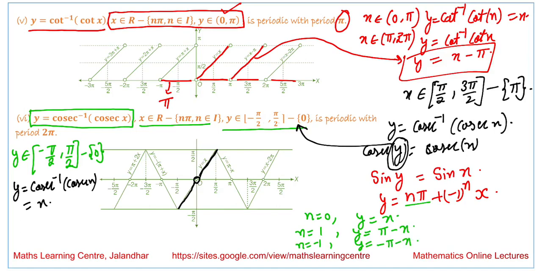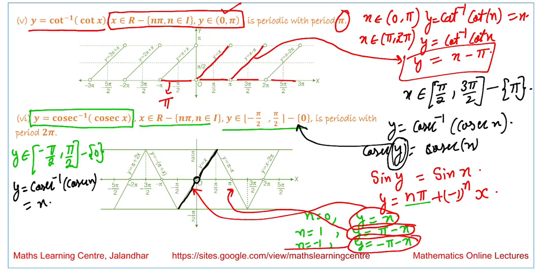So these are the different solutions: y is equal to x, then y is equal to pi minus x, and y is equal to minus pi minus x. So these are the lines. This is the line corresponding to minus pi minus x, and this is the line corresponding to pi minus x.